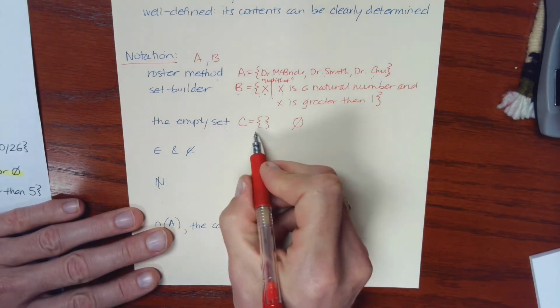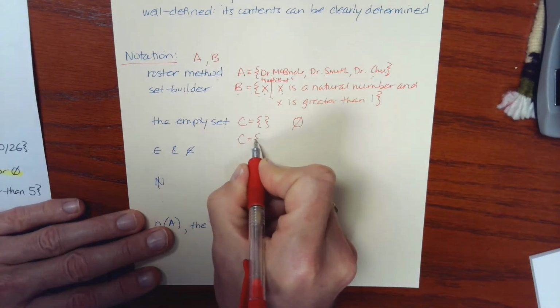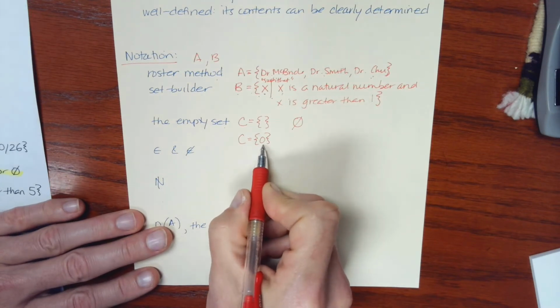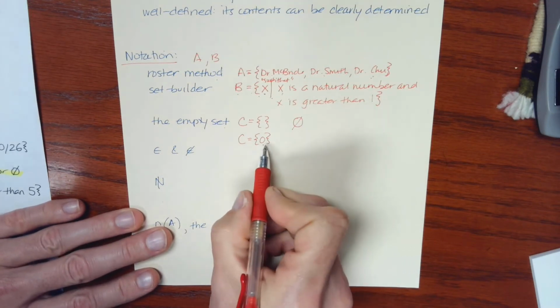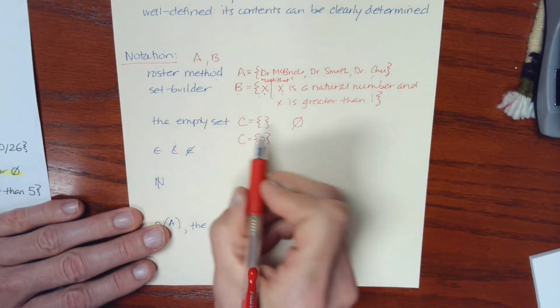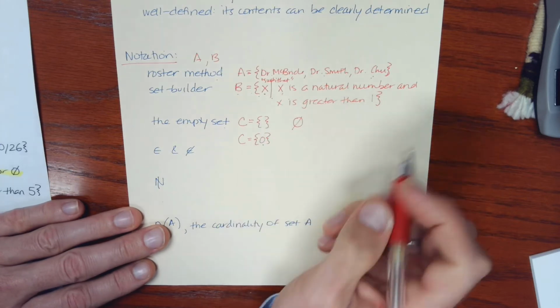Now, I want to make sure that it's clear that this is not the same thing as a set with the number 0 in it. That is not empty. It has an element, and that element is the real number 0. So an empty set does not have any elements in it.